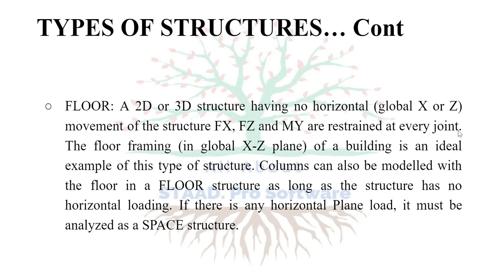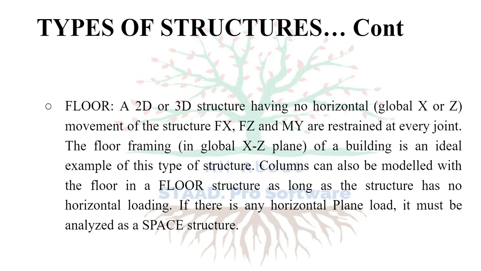The fourth one is the floor model, a 2D or 3D structure having no horizontal, that is global X or Z, movement of the structure. Fx, Fz and My are restrained at every joint. The floor framing in the global XZ plane of a building is an ideal example of this type of structure. Columns can also be modeled with the floor in a floor structure as long as the structure has no horizontal loading.